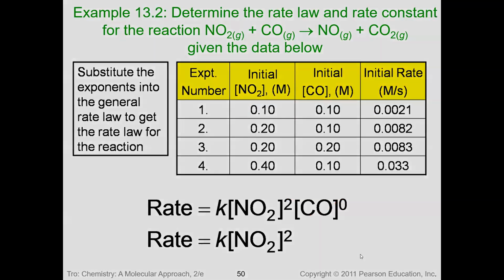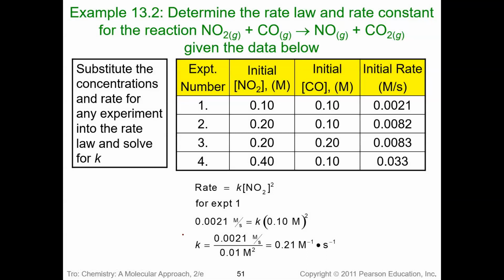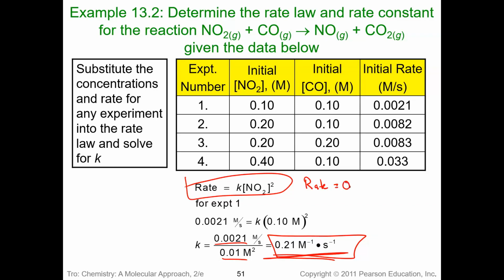Okay, I'll just put the math here. Oh yeah, there it is. So here it is. That's exactly what I just did, and this is our K. So when we put this in, here's our rate law. The more complete rate law would be this: rate equals, that's our K, 0.21, I'm just going to say 1 over M times S, which is the same thing, times NO2 squared.